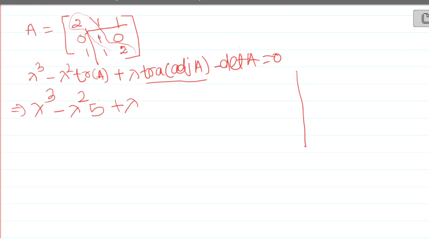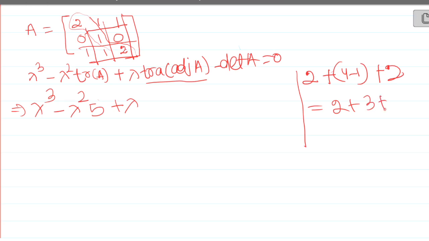So it will be 2 into 1, 2 minus 0. Then plus, eliminate the second row and second column, so it will be 2 into 2, 4 minus 1. Plus, eliminate the third row, third column, so it will be 2. So it will be 2 plus 3 plus 2, that is 7.